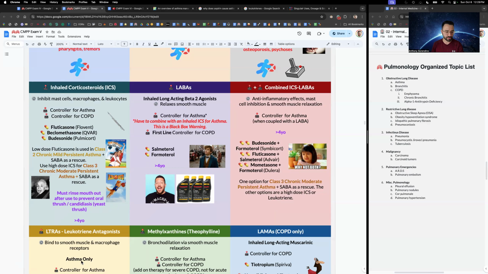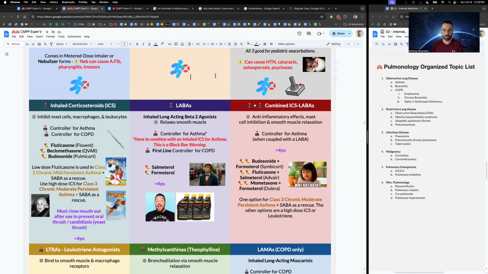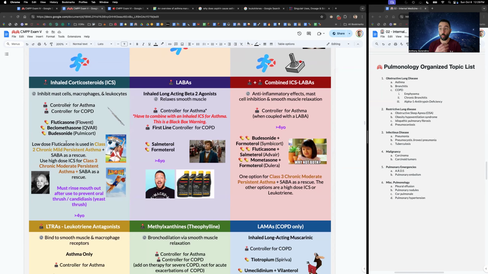My understanding of this is you're inhaling a steroid. What is a steroid? It's an anti-inflammatory. How does it work? It inhibits your immune system.